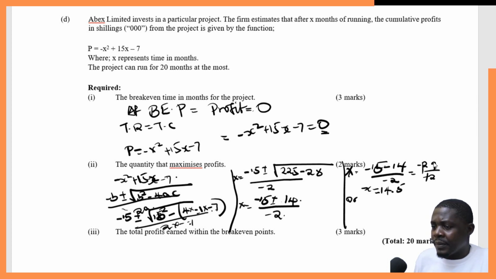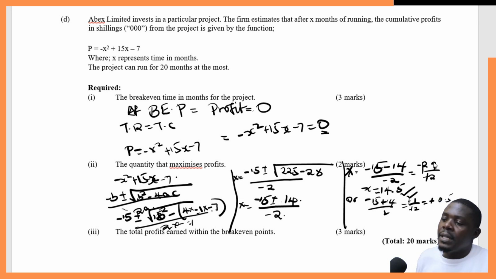Or, in that case, if you assume the positive side, it is going to be negative 15 plus 14 divided by negative 2, you have 0.5. We are going to take the value of x as 14.5.